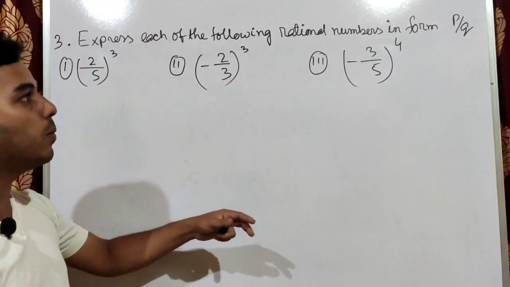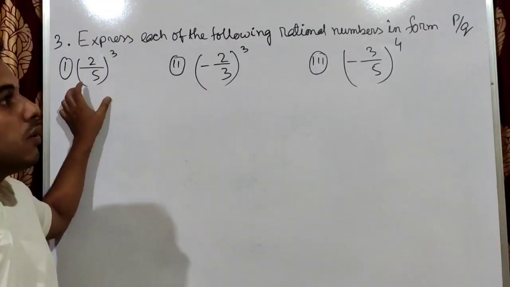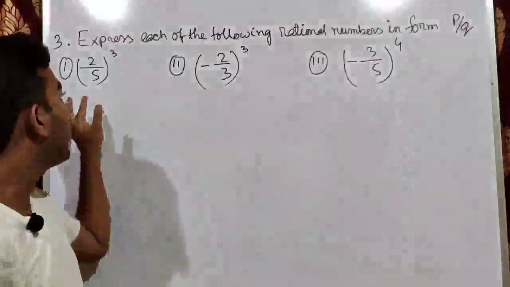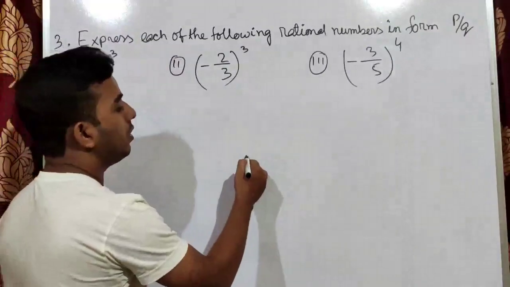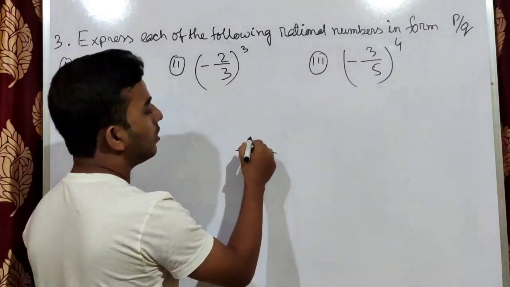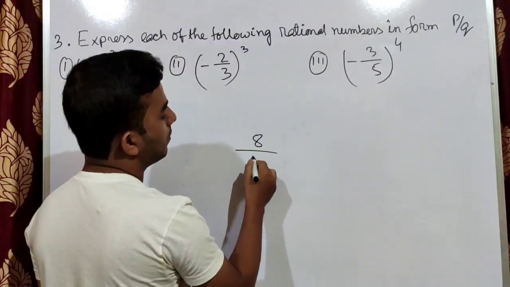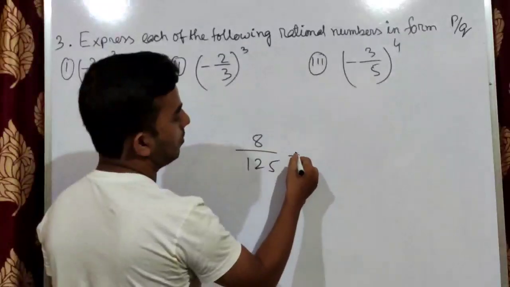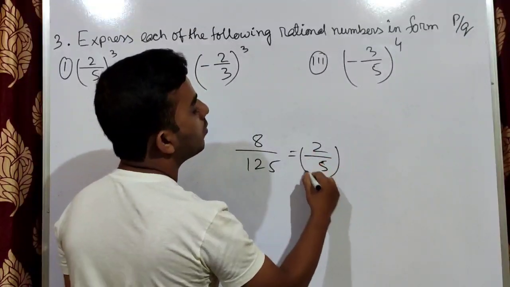Now in this case, we have the exponential form, and we have to express the exponential form in p by q form. For example, in the earlier case we had 8 by 125, and we wrote it as 2 by 5 whole cube.